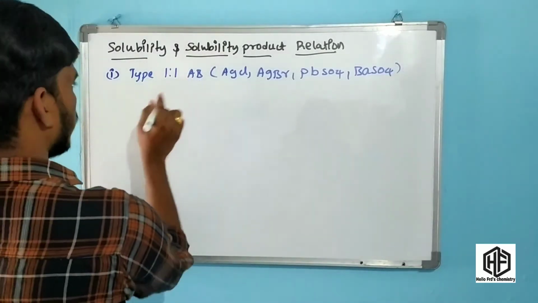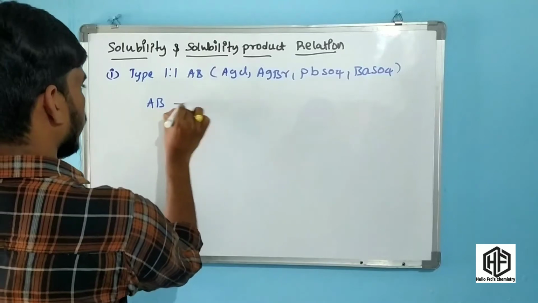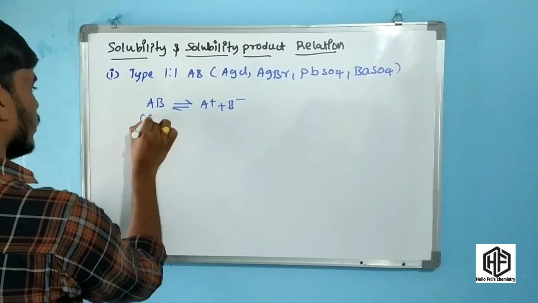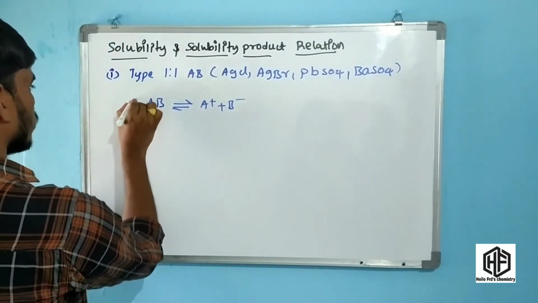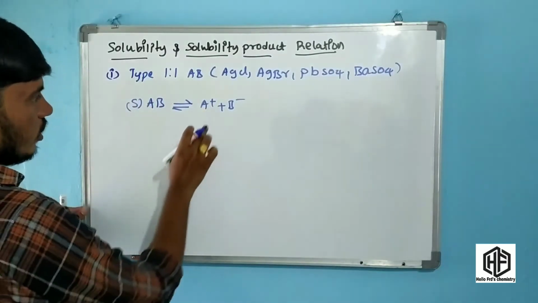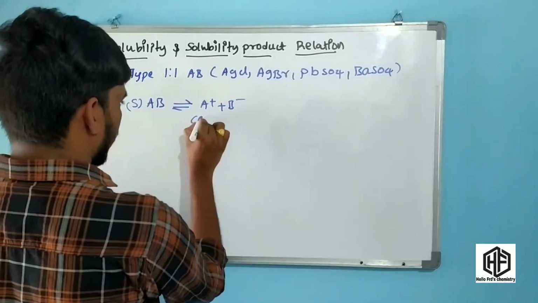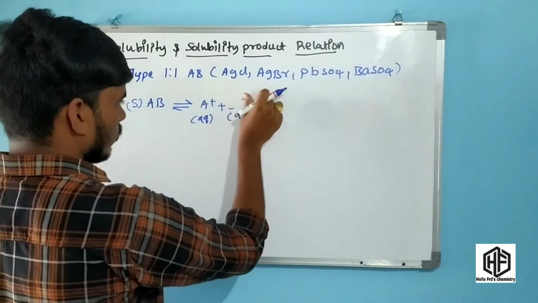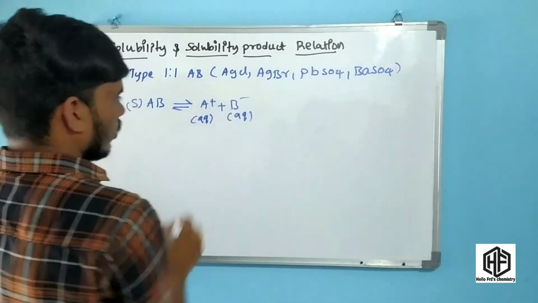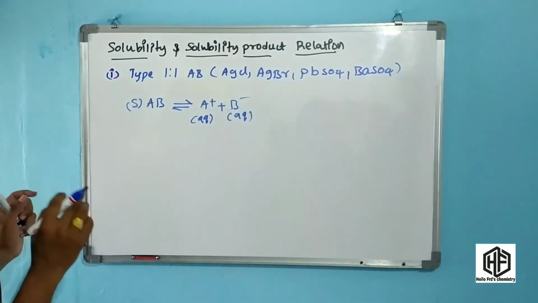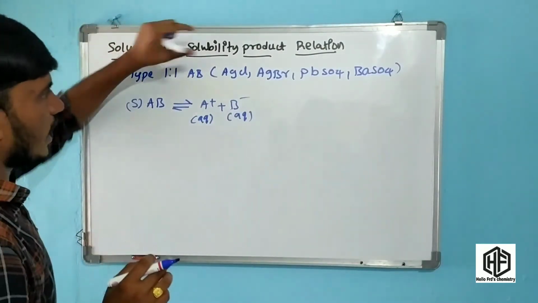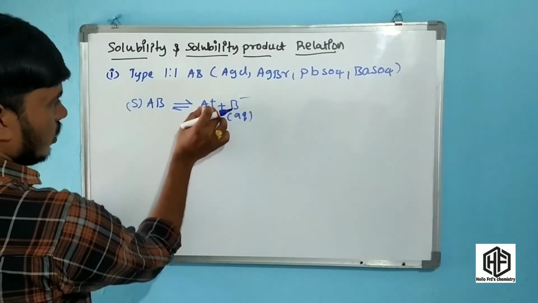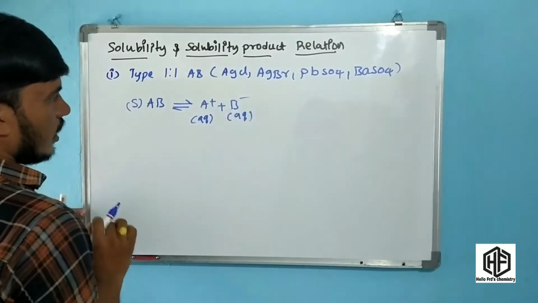Now this is the salt AB, made of A plus and B minus. This salt dissolves to form A plus and B minus ions, both aqueous. The salt is dissociated in water into A plus and B minus.